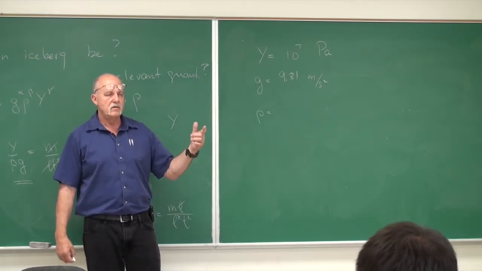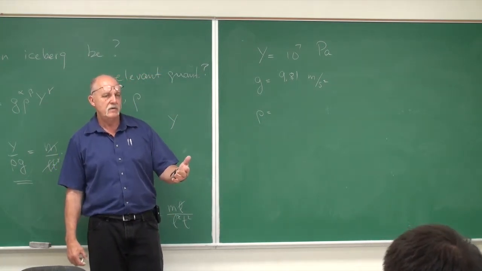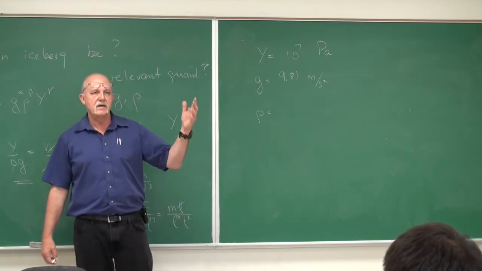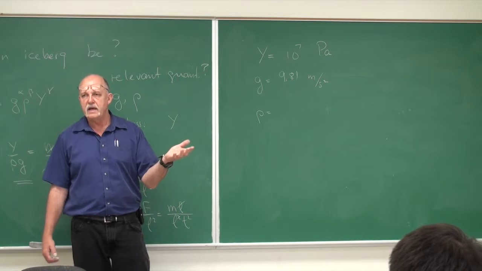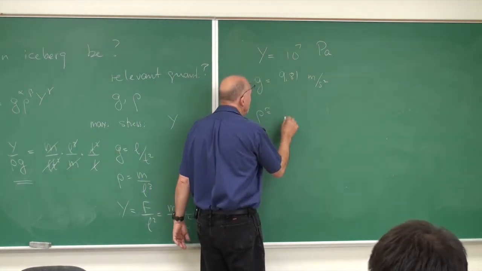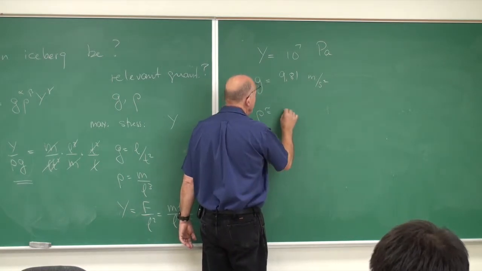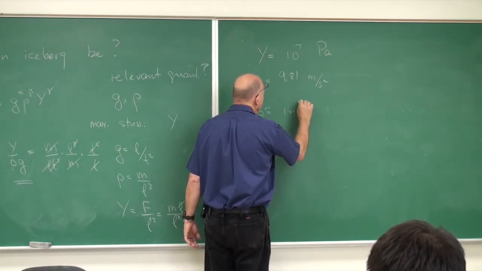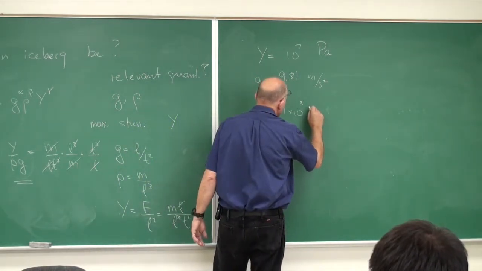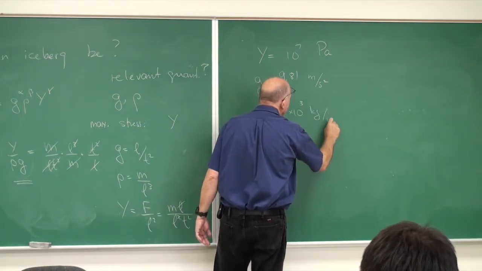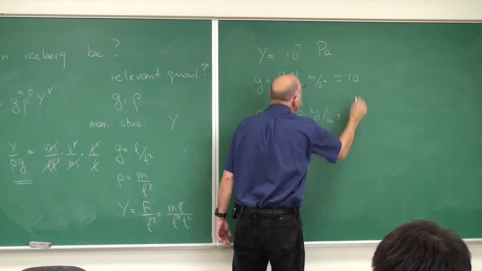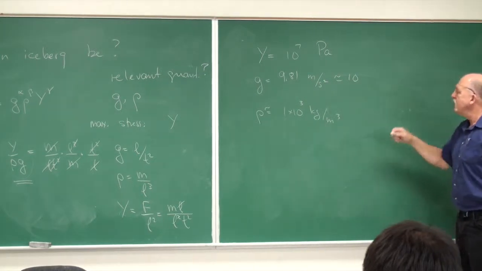So now we know that for an ice cube, about a tenth of it sticks out above the water, right? So 0.9 is pretty close. But I just put approximately 1 here, just for simplicity, 10 to the third. So it's really 0.9 kilograms per cubic meter, in those units. And this is approximately 10.